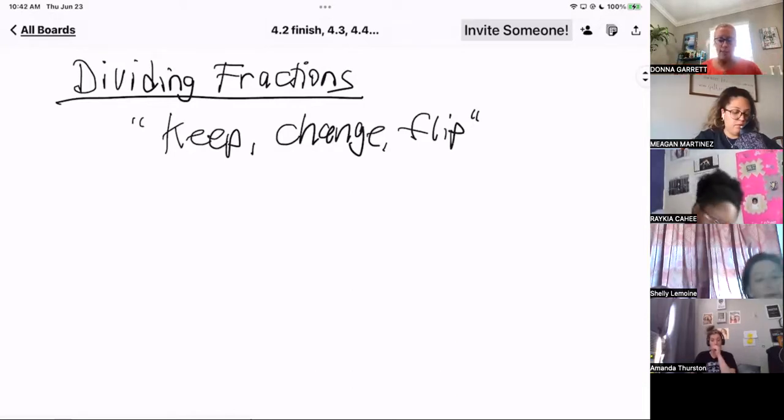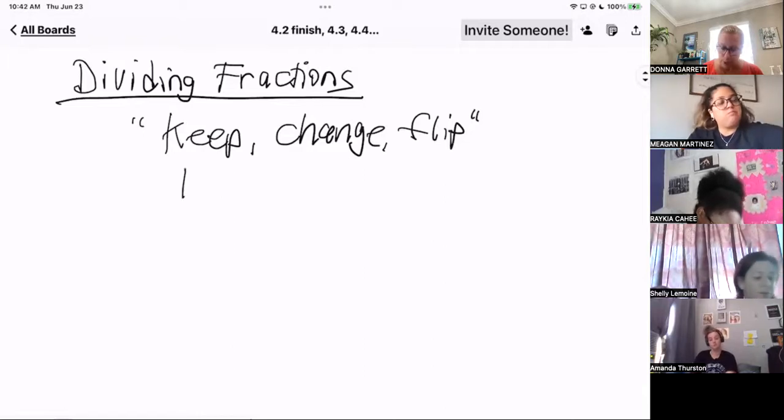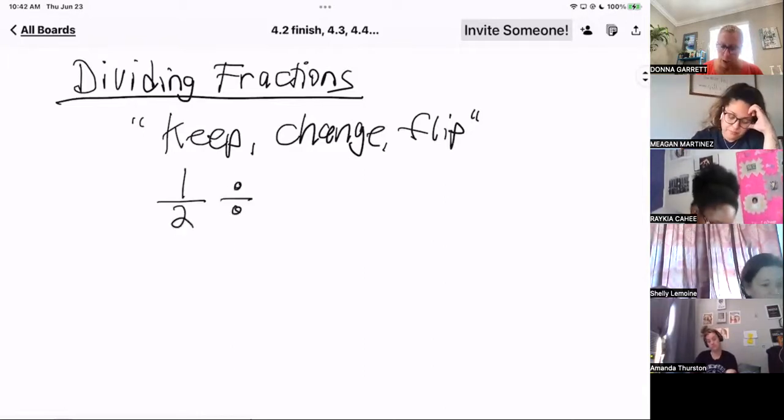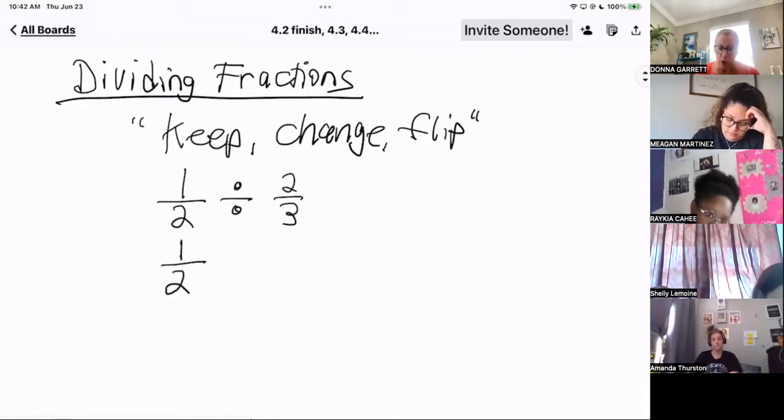All right, what does it mean? Actually, let me just write a problem down. 1/2 divided by 2/3. When you divide a fraction, you keep the first fraction, you change the sign. Instead of dividing, it becomes multiplying.